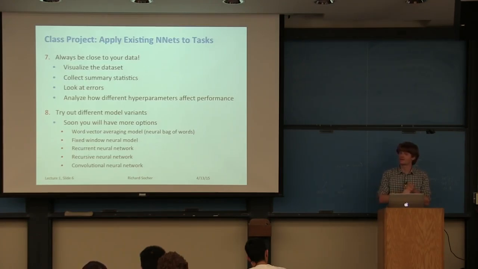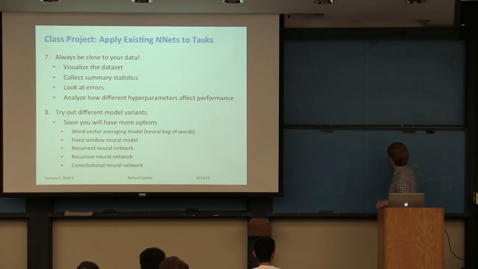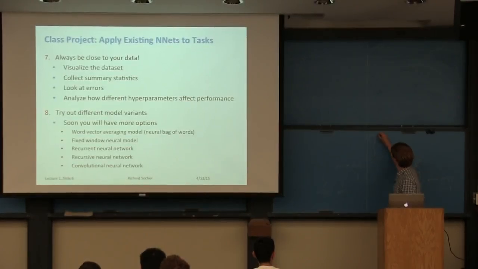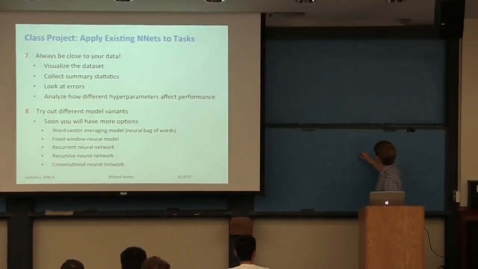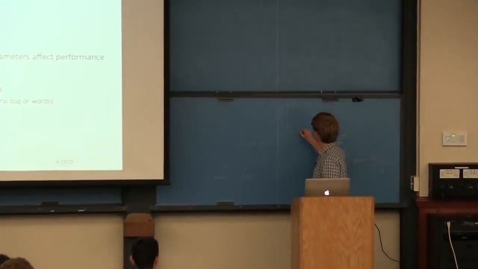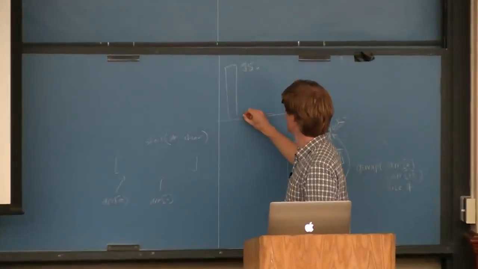So the best kinds of projects and the best groups, and this is really a life lesson in some ways, the best data scientists and the best people dealing with any kind of machine learning in the real world are close to their data. They visualize their data sets, they collect summary statistics. For instance, if you look at your summary statistics and you notice how one class is like 95% of your entire data set, and then another one is 3, and another one is just 2%.